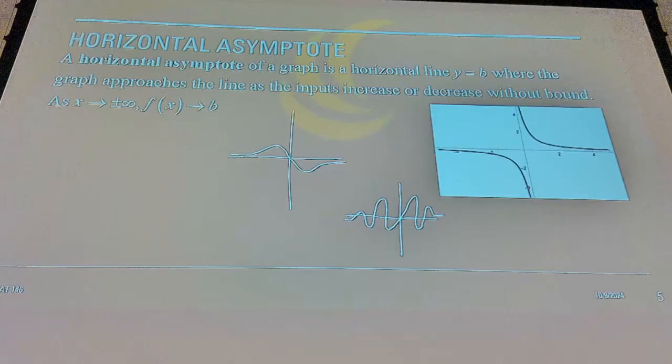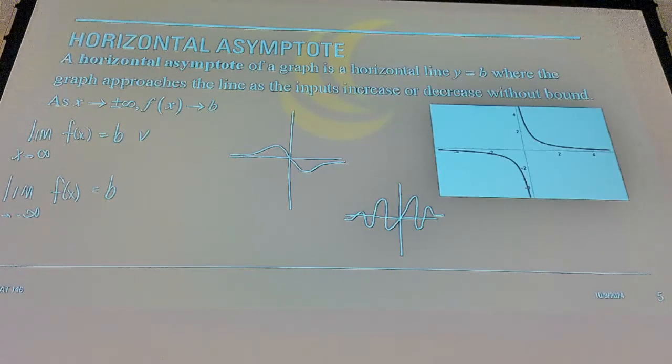Zero would still be an asymptote. It would still be a horizontal asymptote, even though it crosses it several times. And that would be the notation of calculus.